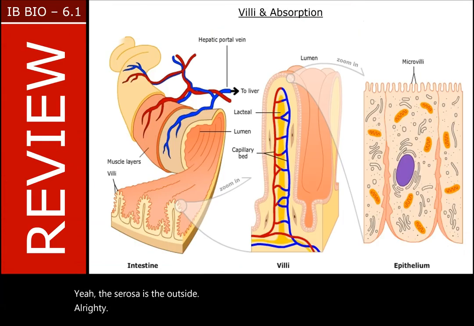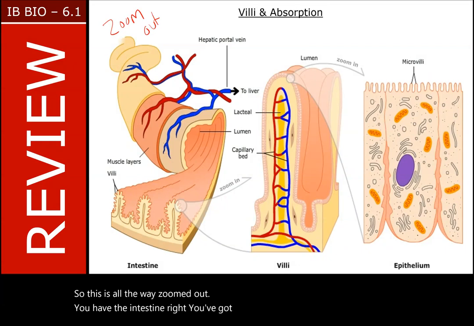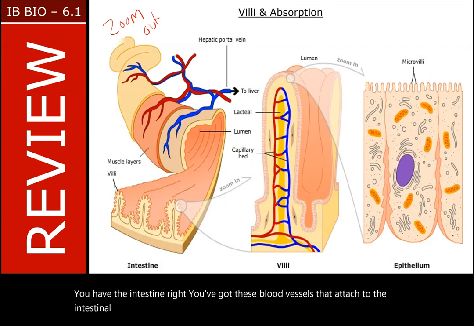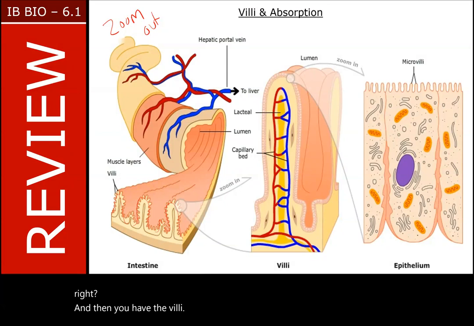Some more summary diagrams for you. So this is all the way zoomed out. You have the intestine, right? You've got these blood vessels that attach to the intestinal wall. As you go inside, this is the lumen. You have the muscle layer, right? And then you have the villi, mucosa, right?